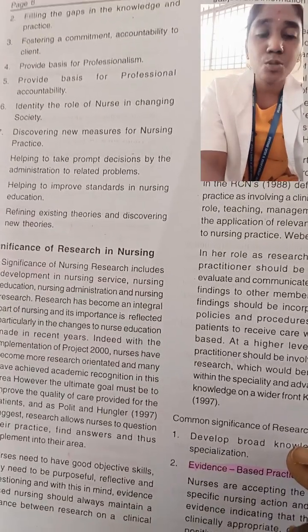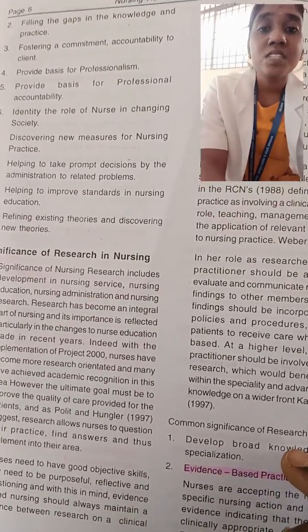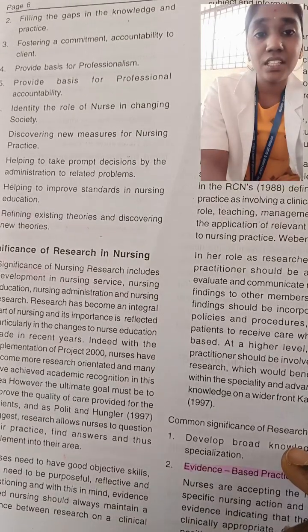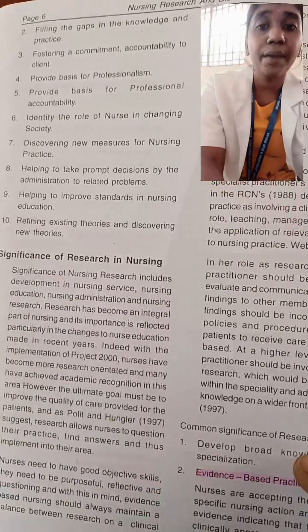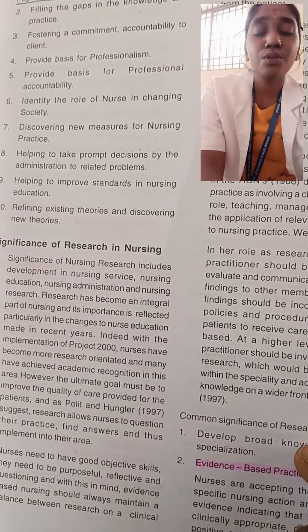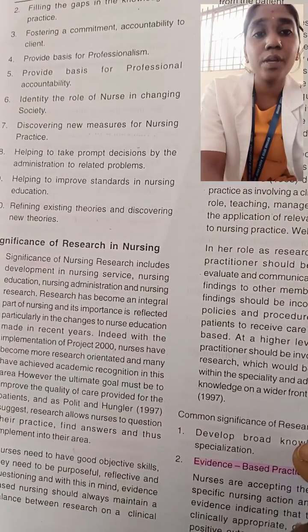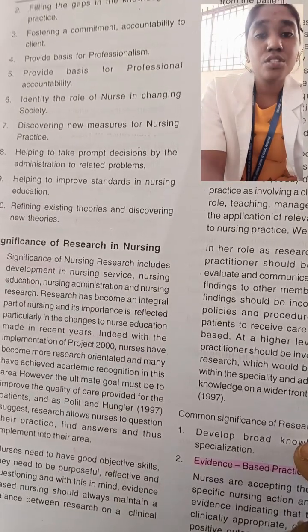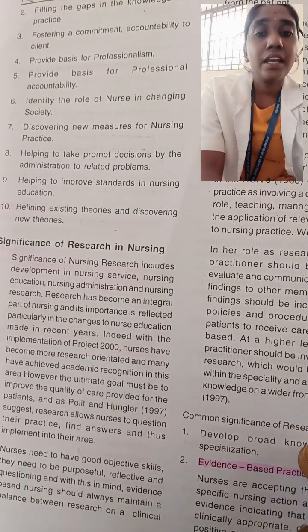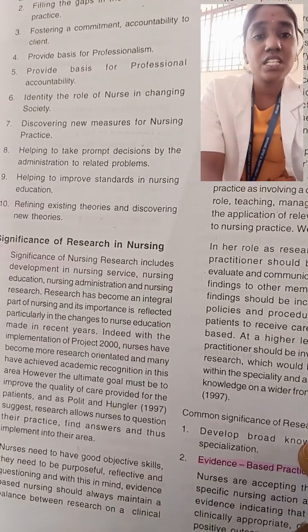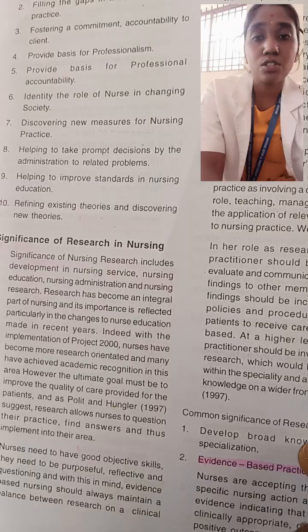So here nurses play the most role in changing the society by providing health education. Okay, and discovering new measures for nursing practice.